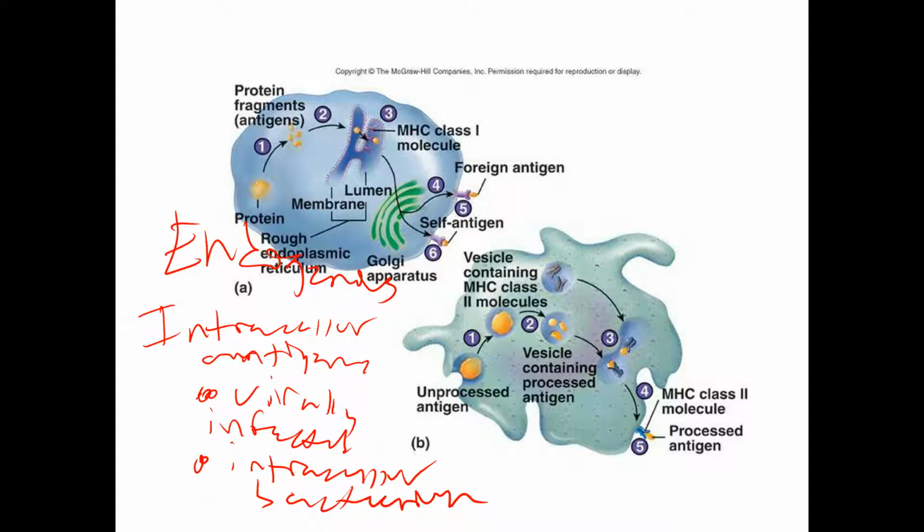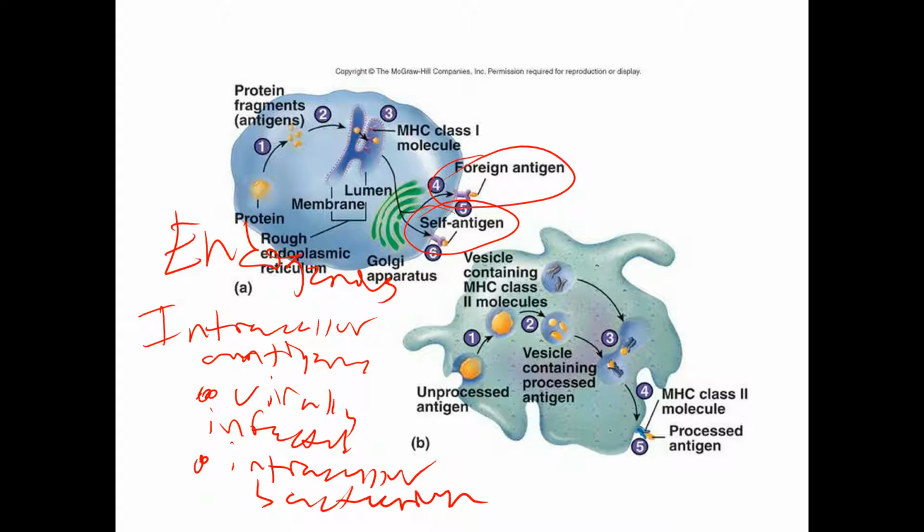So those would make up your self-antigens. Keep in mind that these MHC molecules are used by the cell to display normal self-antigens as well as foreign antigens. So this is how they communicate with your T cells.